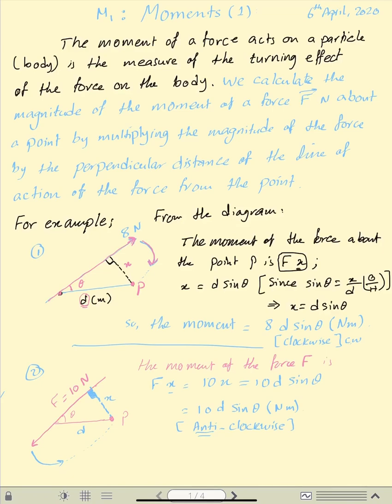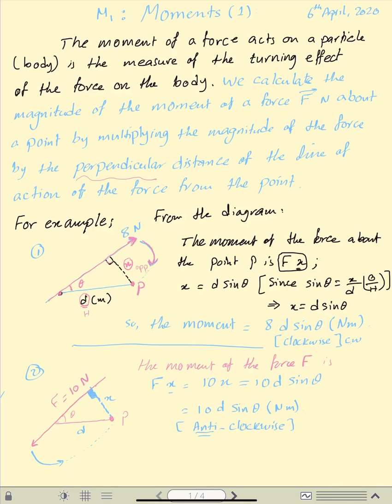This is the meaning. We rotate or turn by applying this force about this point. So this is the distance that we are talking about, x meters. By simple trigonometry, since this is a right angle triangle, because we said perpendicular, this is the hypotenuse of the triangle, and x is the opposite.